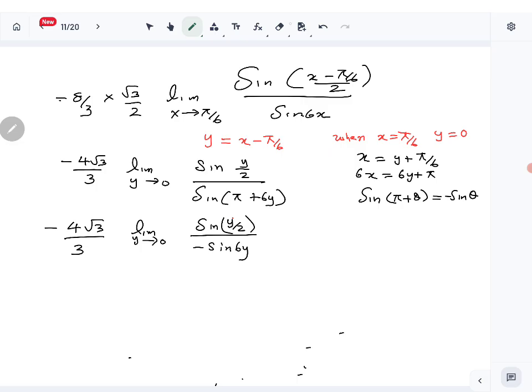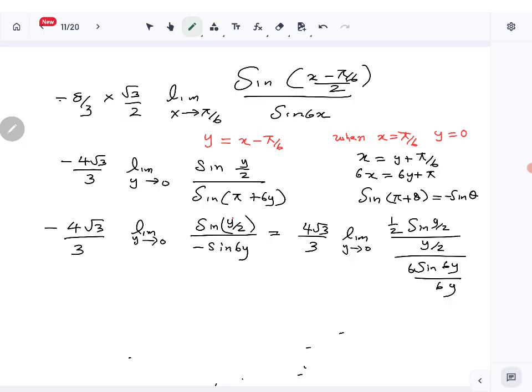Put the minus sign outside and you will get 4 root 3 over 3 limit y goes to 0. Now sine y over 2 over y over 2 and sine 6y over 6y. So 6 here, half there. Now apply the limit and you get the answer.